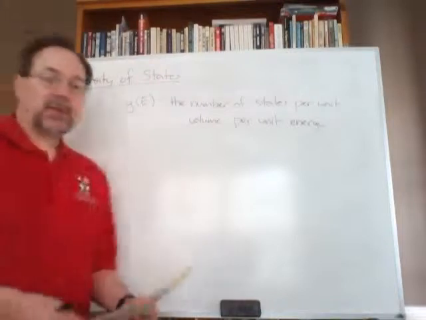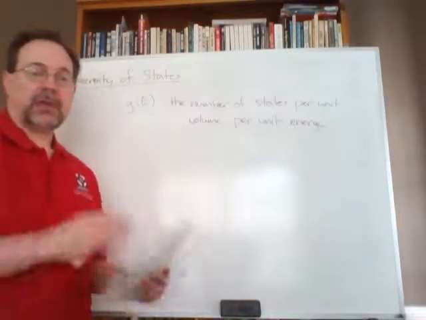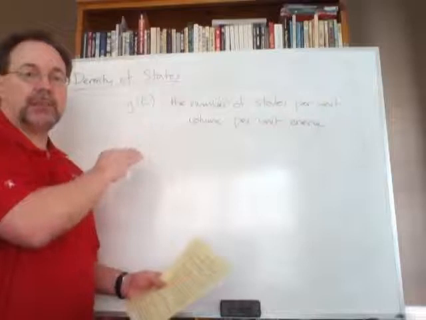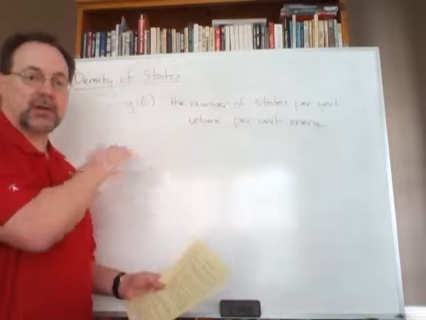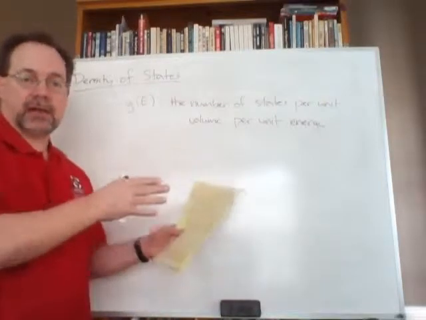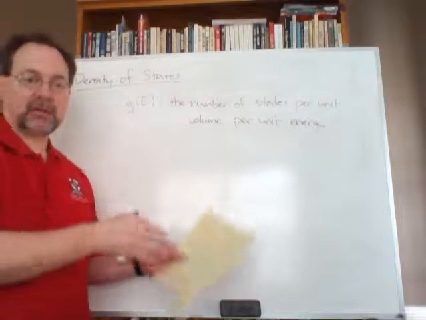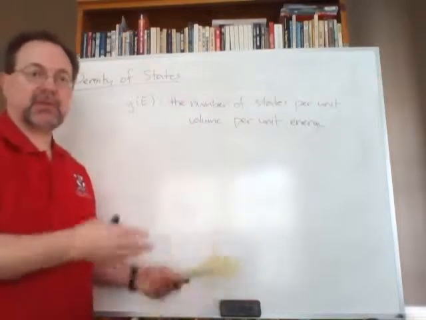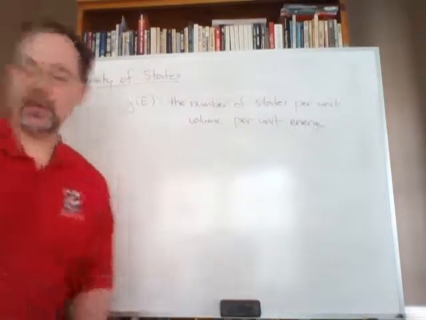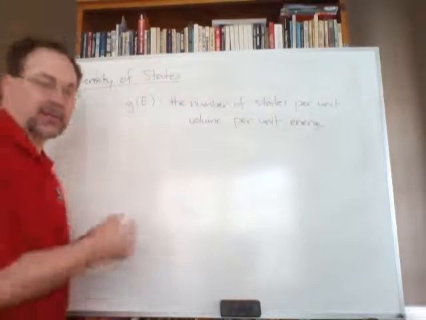As we said on Wednesday, we're going to develop this thinking in terms of a particle in a box, a three-dimensional box. We'll just consider it a cube, so each side is the same physical dimension.